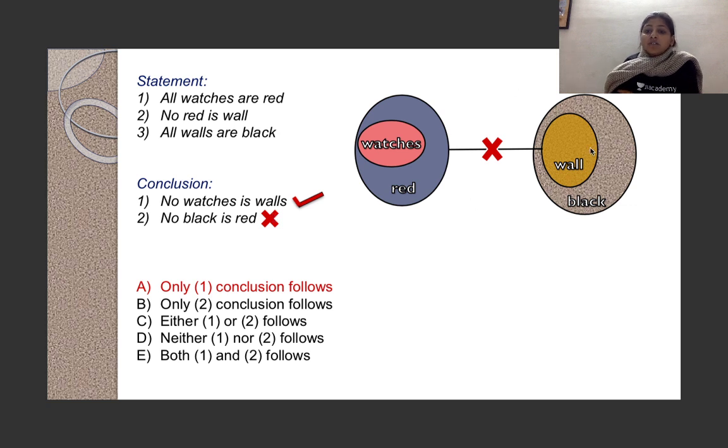No, only this part of black is not red. Only this part, which is wall. What about this remaining part? For that, there is no relation given. Yeah, walls can't be red. So walls and red is having a negative relation. No, 100% negative. How black and red?